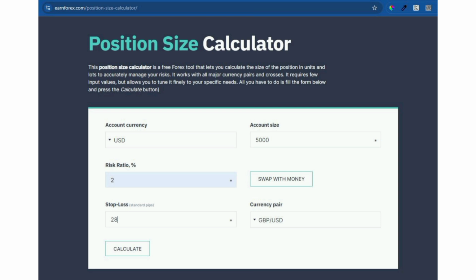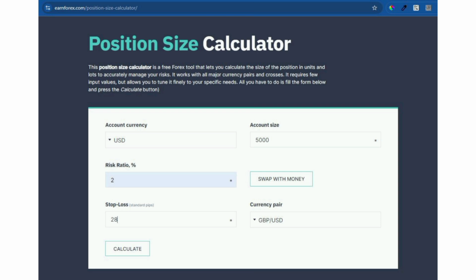The next thing you input is the risk ratio, or the amount of money you wish to risk for this particular trade. You have two options: to set this in percentage risk or as money.